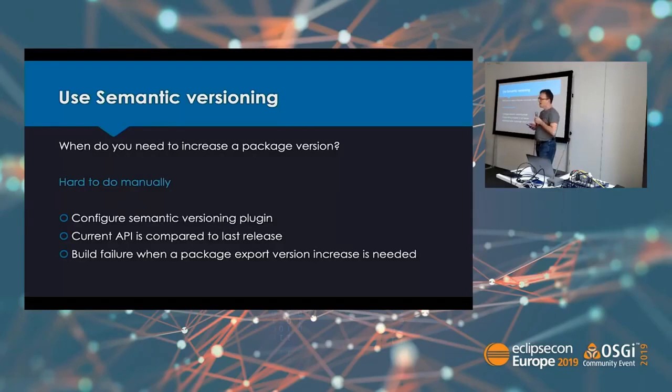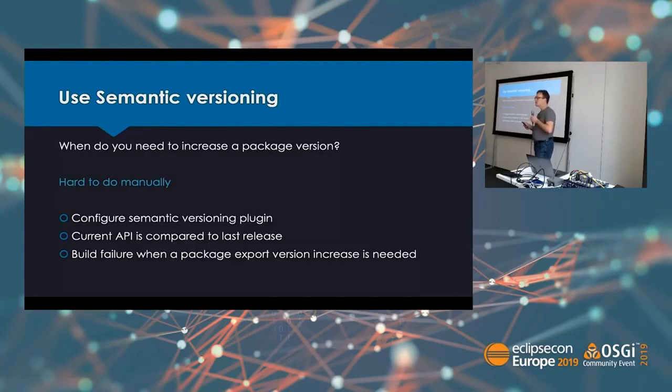So of course, managing those versions by hand is really hard and not recommended. So the idea is you configure the semantic versioning plugin also just in the parent, and the default setup is it always compares your current version of the code with the last release. You can also tune this.